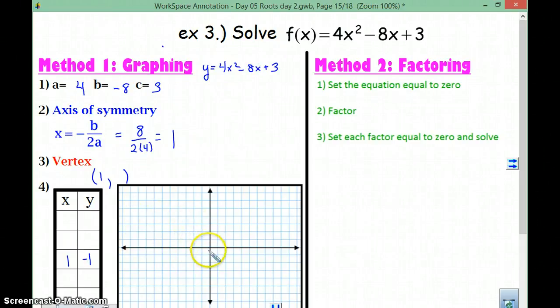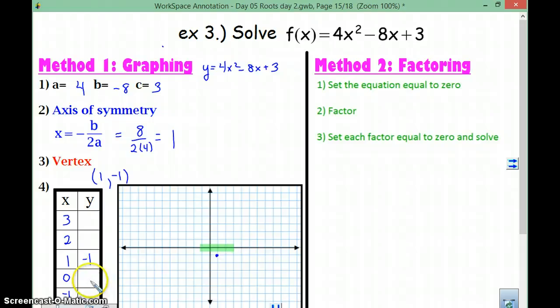So let's go ahead and graph that. I end up with 1, negative 1 is the vertex. 1, negative 1 is right here. Get my highlighter out. I need 5 points. Let's use these 5. Start from here. We've got 1, 2, 3 on the upside. And on the downside, 0, negative 1.